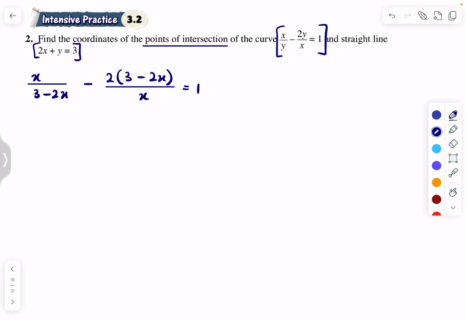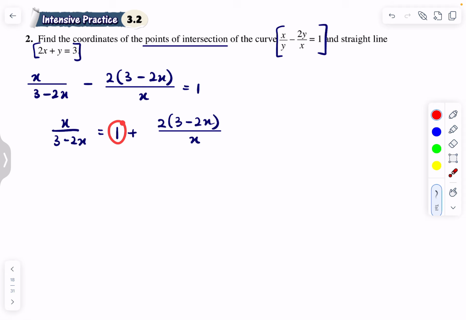I think the simplest way would be bringing this over to the other side. So we get x over 3 minus 2x equals 1 plus 2 times 3 minus 2x over x. Since this is 1, we can make the denominator the same. This is 1 over 1, so top and bottom we times x.